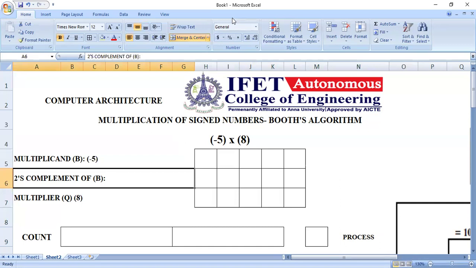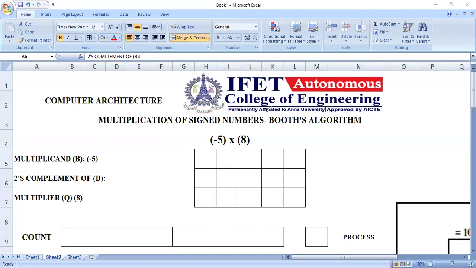-5 can be represented in 3 bits, 4 bits, or 5 bits also. For example, 2 power 0 is 1, 2 power 1 is 2, 2 power 2 is 4, and 2 power 3 is 8.